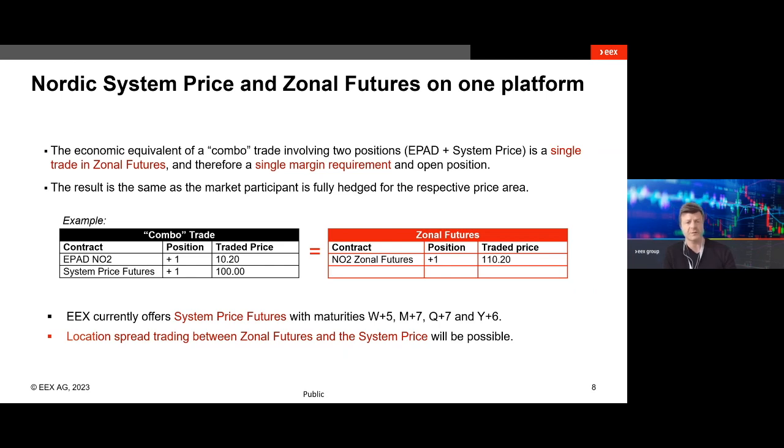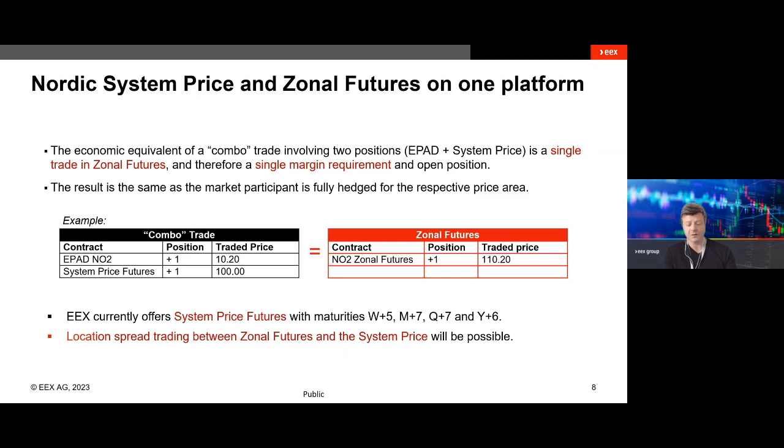I think it is also important to note that the suite of zonal and system price futures is still available with maturities of weeks up to 5 out, 7 months, 7 quarters, and 6 years.